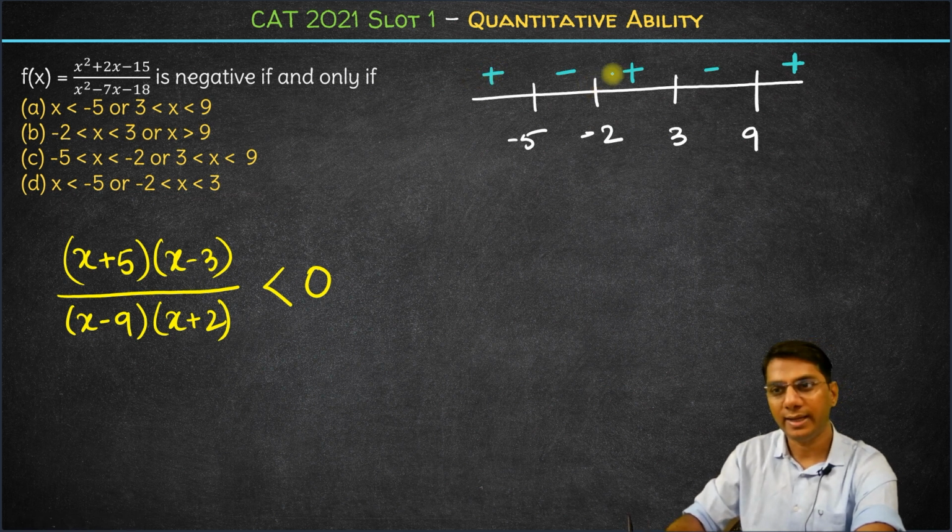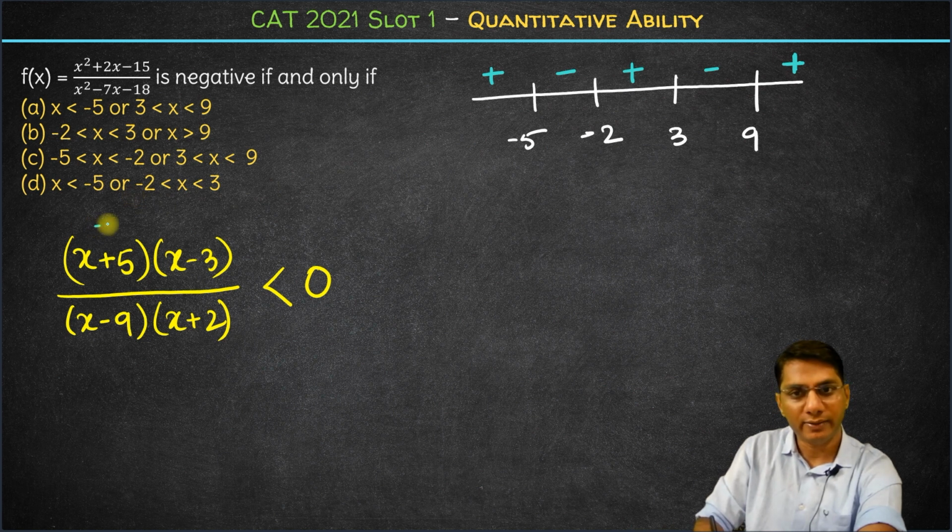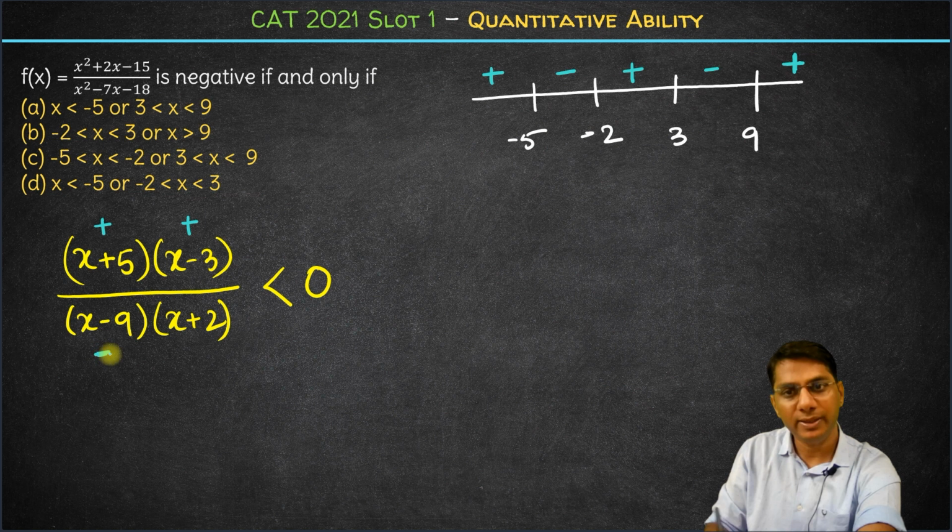You can verify it as well. If x is between 3 and 9, this part will be positive, this part will be positive, this will be negative, and this will be positive. So these 3 terms are positive, but only this term is negative, hence the whole expression will be negative, right? So in this range the whole expression will be negative.